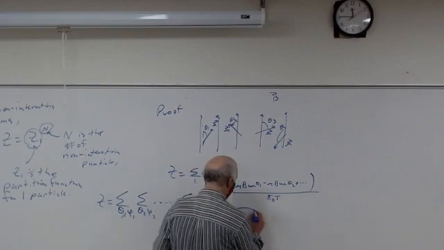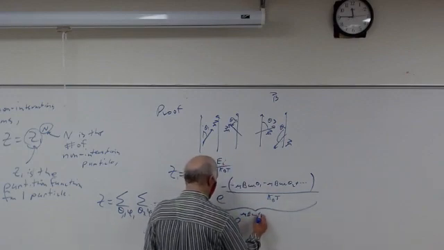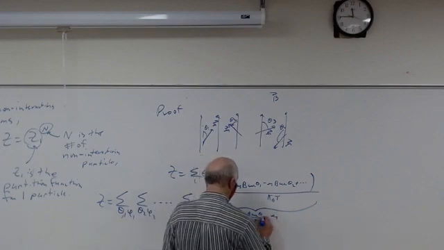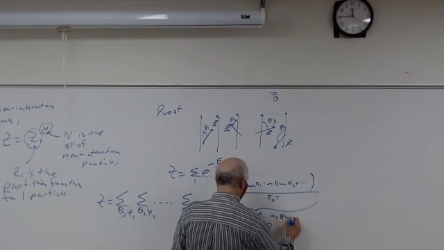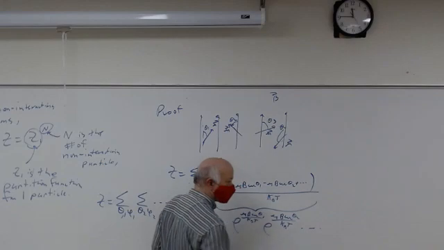You can write it as e to the minus mu B cosine theta 1 times e to the minus mu B cosine theta 2. That's all these terms here.